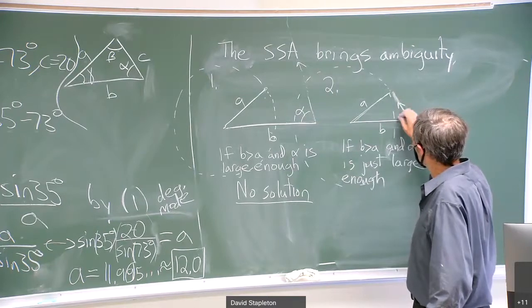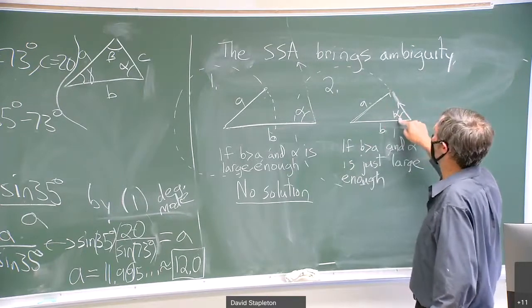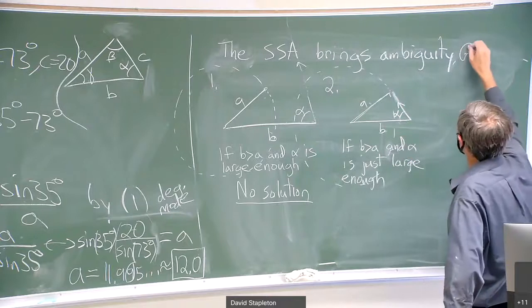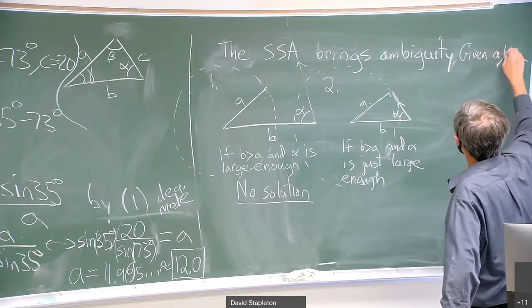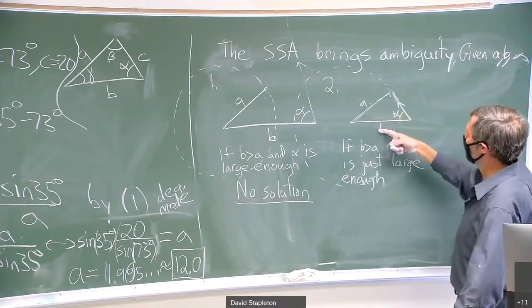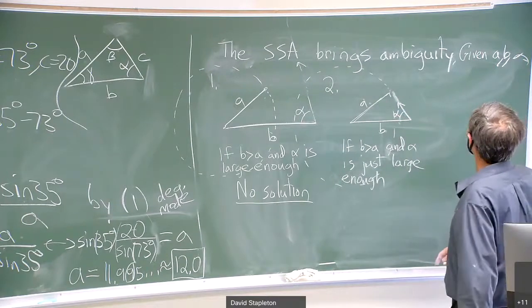This is alpha. You're given A, B, and alpha is the idea. I should put that up here. Given A, B, alpha: side followed by angle, side-side-angle.